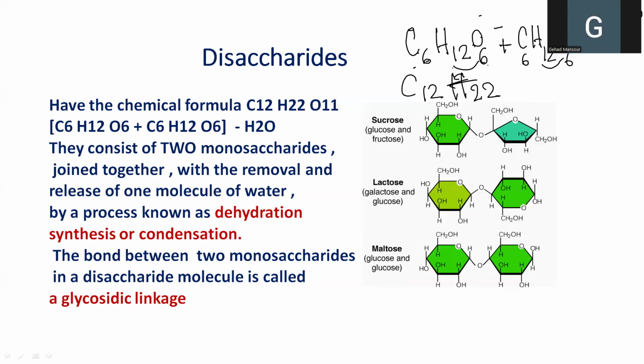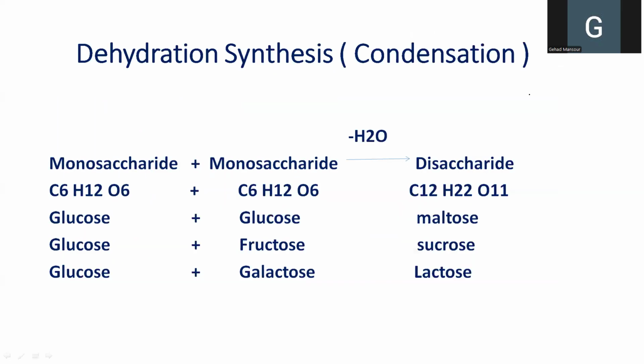For oxygen, we are expecting the number of oxygen atoms to be 6 plus 6, or 12. But there is an oxygen atom that has been removed during dehydration, so it is only O11, and therefore the chemical formula is C12H22O11. So this is a wrap-up of the different chemical reactions of condensation or dehydration synthesis that occur in order to obtain a disaccharide.